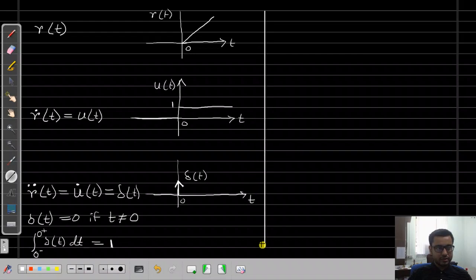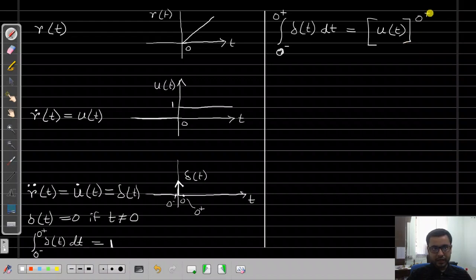Now you should observe one fact: this integration from 0 minus to 0 plus, where 0 minus is a point very close to 0 but slightly before that, and 0 plus is a point slightly after the origin, can be written as u of t evaluated at 0 plus and 0 minus, because the derivative of u is delta t.